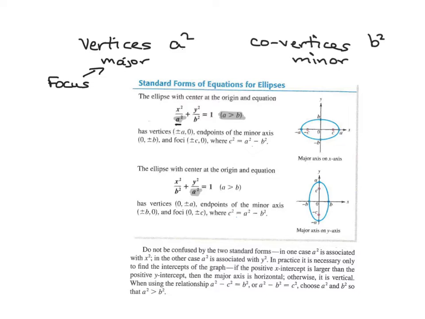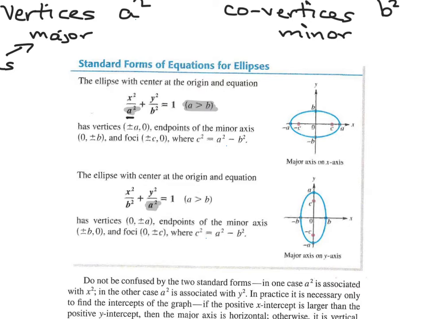If the bigger number is under the y squared, then the y-axis will be the major axis, and it would be vertical. So your major axis, whenever you graph them, is always going to be the longer part of the graph. Notice here in my oval shape, it's longer across the x-axis. So here, the x-axis is the major axis.